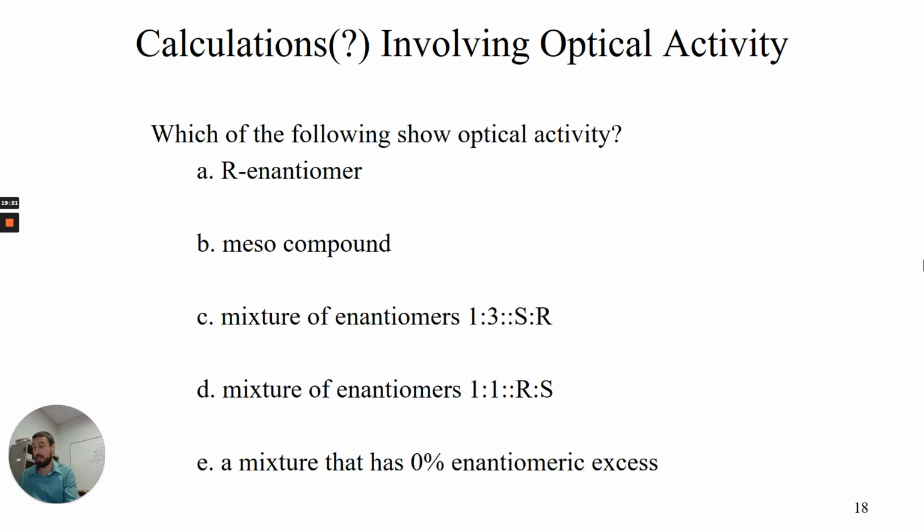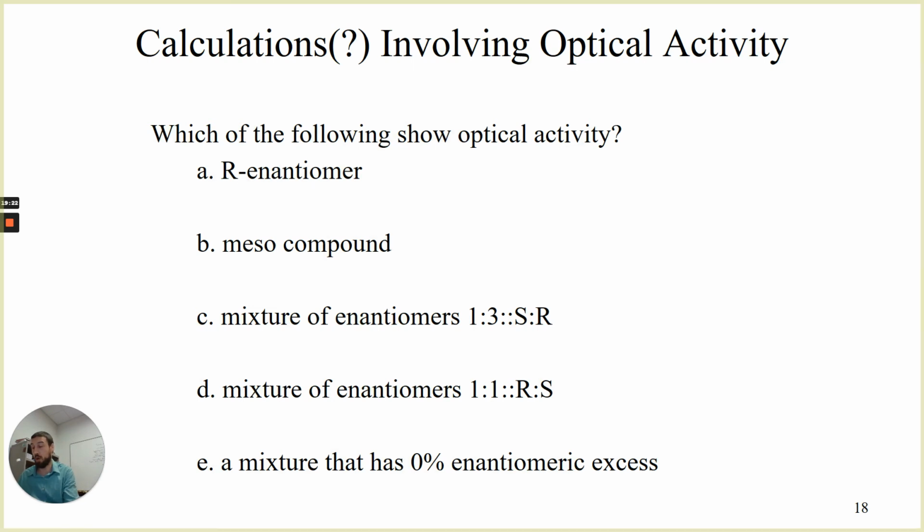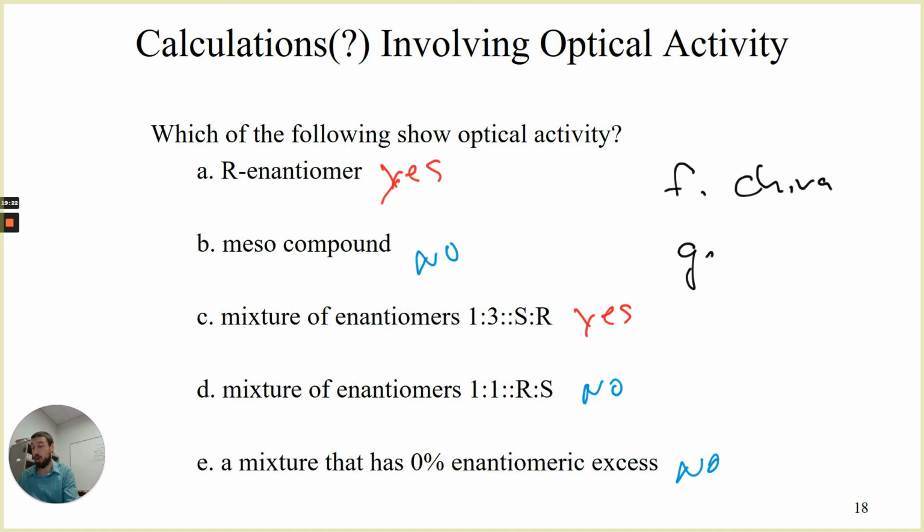Just to summarize that all out, we said yes, yes, and then the rest of these were no's for no optical activity. So there are a variety of ways we could ask this. I'll throw in F, and what comes after F? G, a chiral sample or an achiral sample, so we can throw in some extra words.